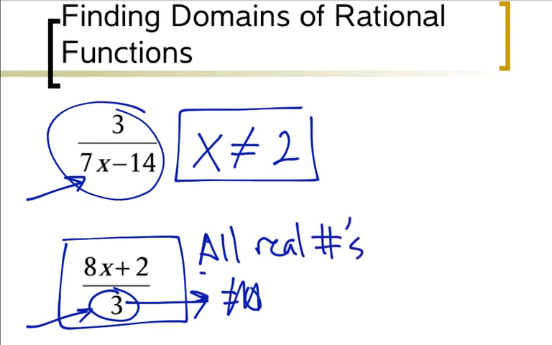We only find issues when the variable is on the bottom, and we have to figure out what number, when I plug it in, would make the bottom equal 0. In the second example there's nothing I can plug in to make the bottom equal to 0, so I can plug anything into x and have no problems.